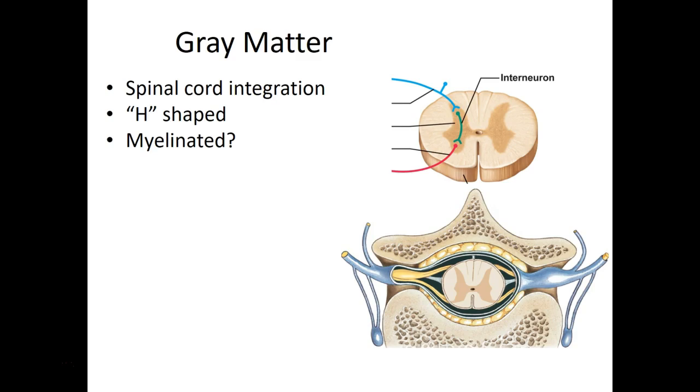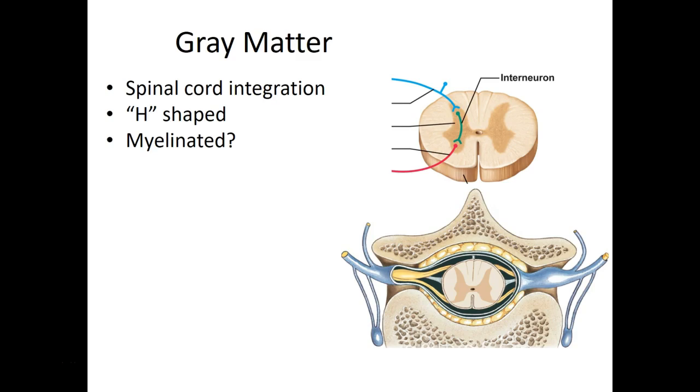Now, one of the things with the spinal cord is you kind of have to remember that we have neurons running up and down the spinal cord. And what we've done is taken a cross section here. So some of these neurons are going inferior and superior.